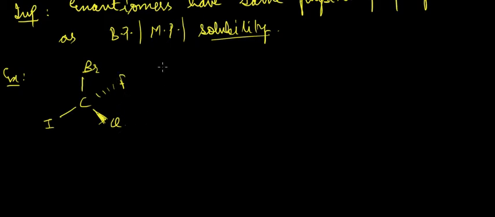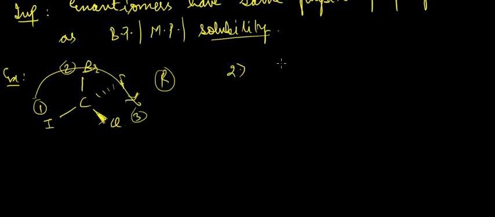So using the same, we are calculating the R and S configurations. These are the same priority rules we used in E and Z. So in this case also the priority rules remain the same. Okay, so I would be at highest priority, second would be Br, third would obviously be chlorine. So we can draw a circle in clockwise direction, hence it is R.